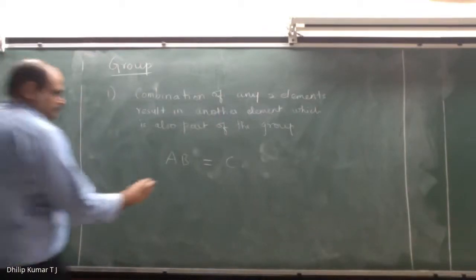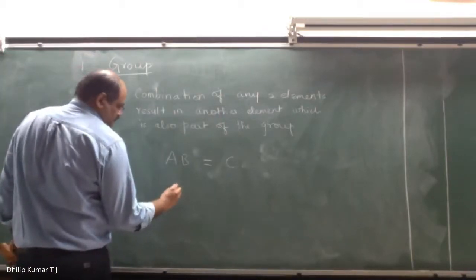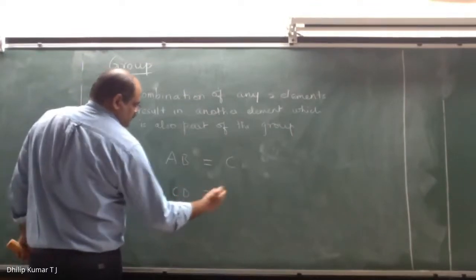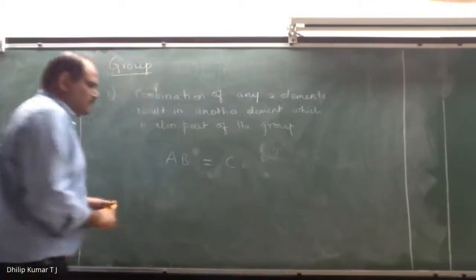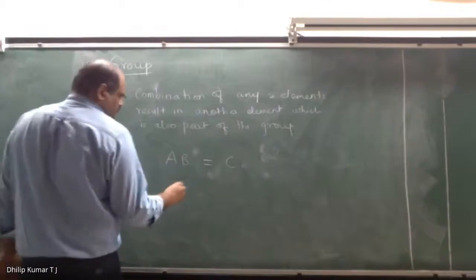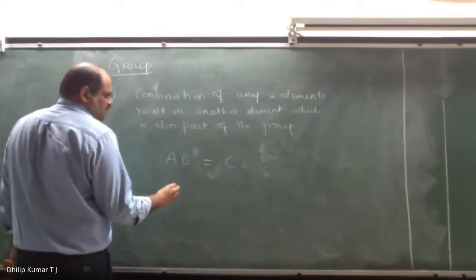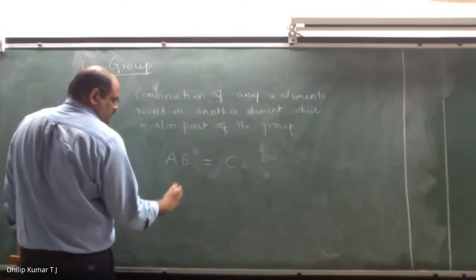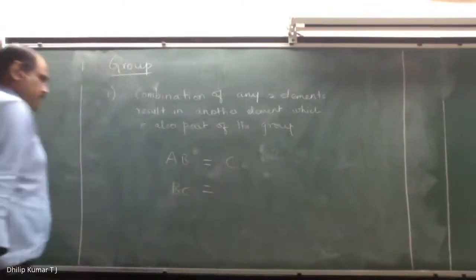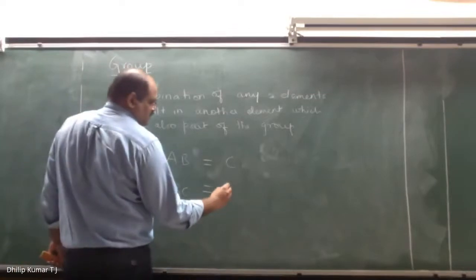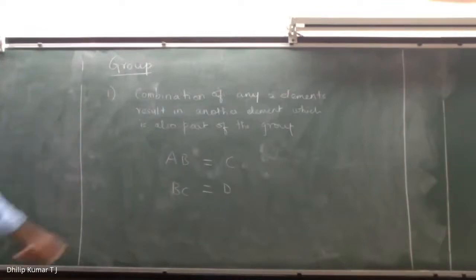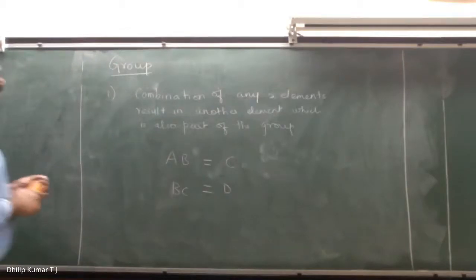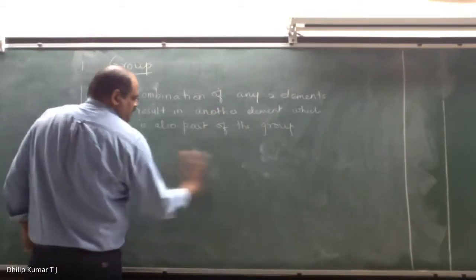A better example could be BC equal to D. If you take another combination, say B into C, and it results in D, then D is also part of that group. So that's what it means. If you combine it, we get a new one, and that is also part of the group. And this is the first characteristic.